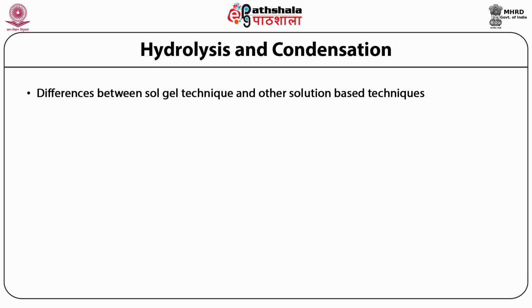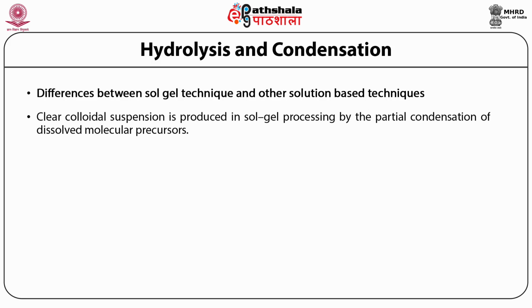The differences between the sol-gel technique and other solution-based techniques, for example precipitation and crystallization, for producing materials are: first, a clear colloidal suspension is produced in sol-gel processing by the partial condensation of dissolved molecular precursors.